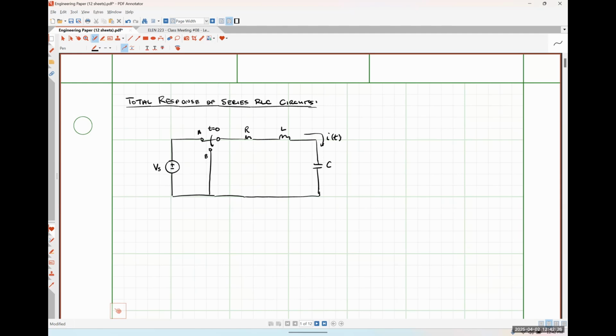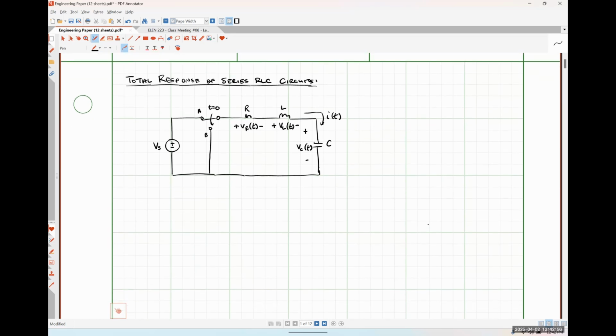So this is the current that will be flowing through the resistor, the inductor, and the capacitor during the transient condition. So we can treat this as if it is an inductor current, meaning that its value cannot change abruptly. And then I'm simply going to define the voltage drop across my resistor as VR, the voltage drop across my inductor as VL, and the voltage drop across my capacitor as VC, like so.